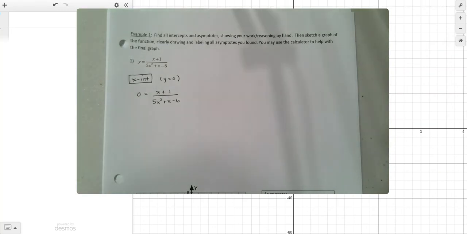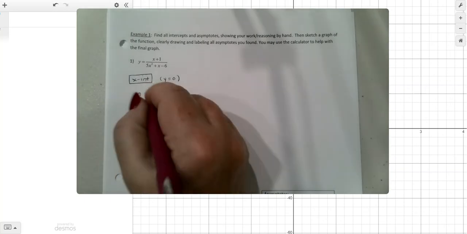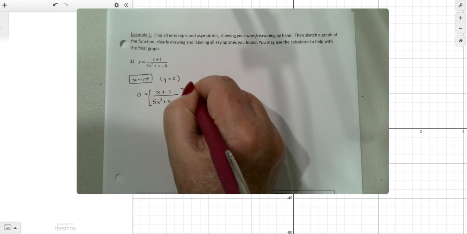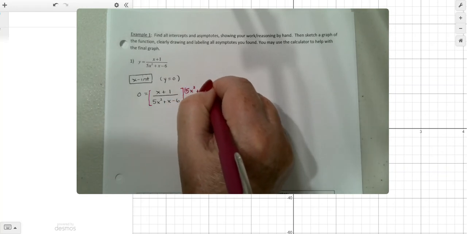In the very last section, we talked about how to solve those kinds of equations. We just want to clear the fraction by multiplying both sides by the denominator. So I'll multiply both sides by 5x squared plus x minus 6.